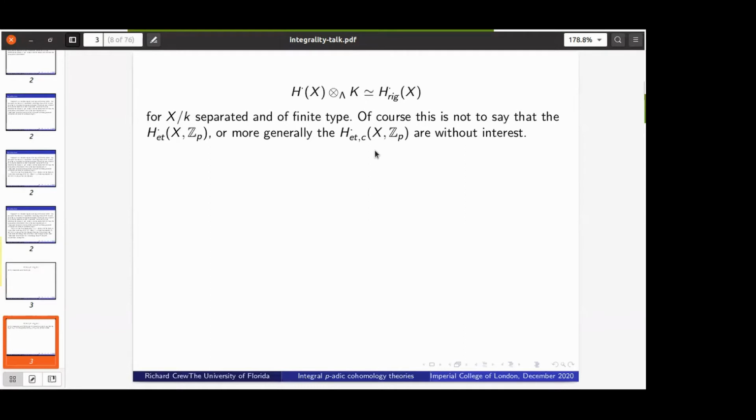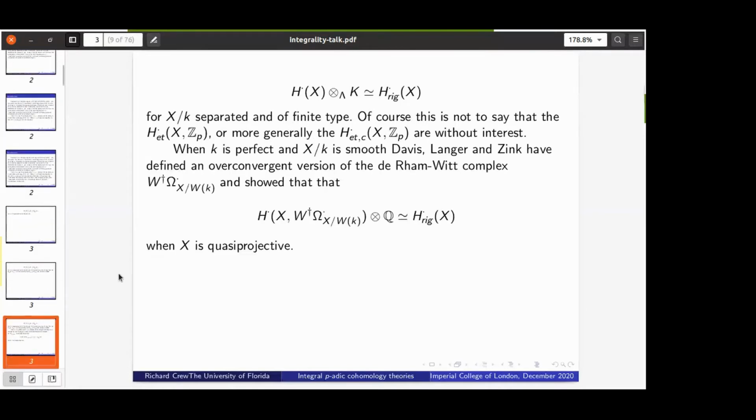Or, I mean, this is not to say that these groups are totally without interest, either when X is proper or more generally, X separated of finite type over little k, and you're looking at the p-adic cohomology with compact supports. When k is perfect and X is a smooth k-scheme, Davis, Langer, and Zink have defined an overconvergent version of the de Rham-Witt complex.